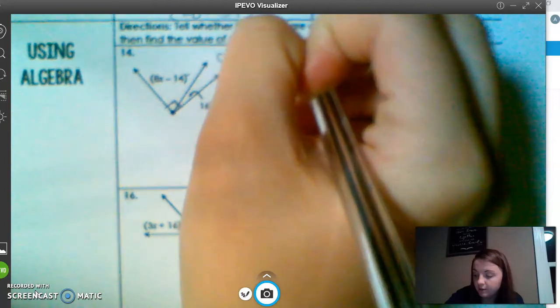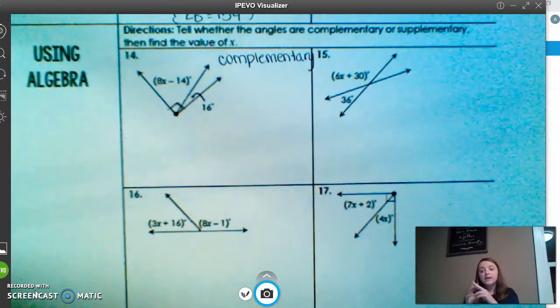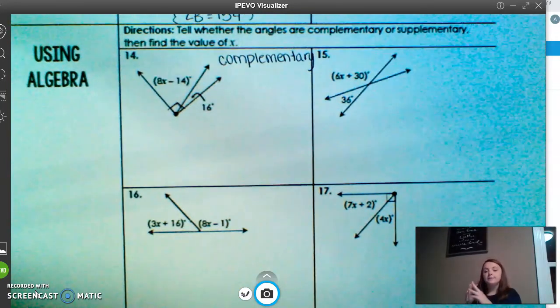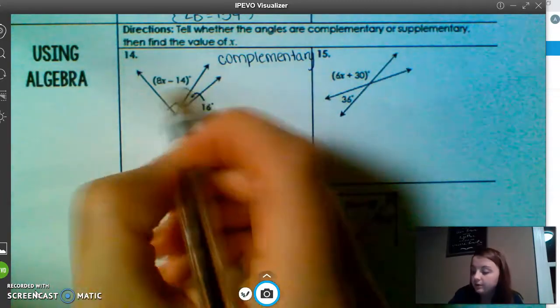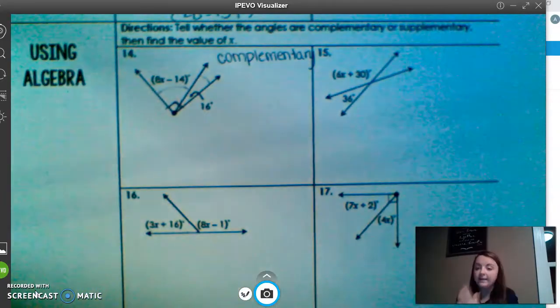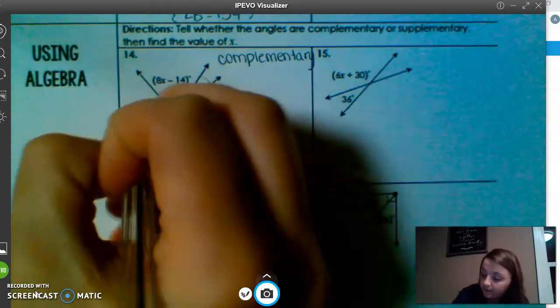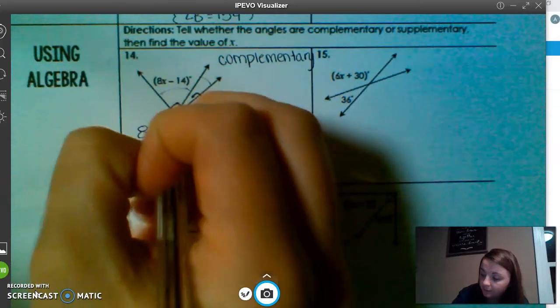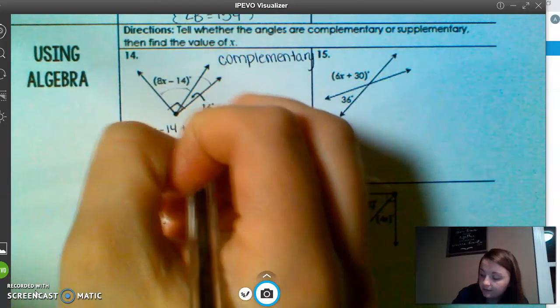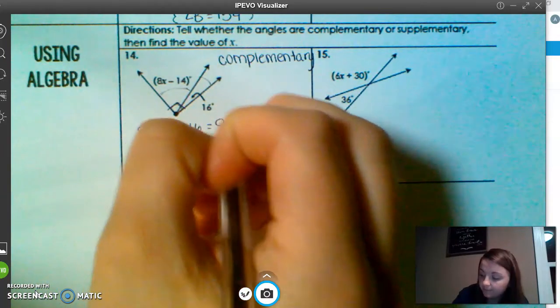So when you add two angles together and they're complementary, they have to equal 90. That means if I put this angle with this angle, I add them together, they have to equal 90. So I'm going to go ahead and write that out. 8x minus 14 plus 16 equals 90.